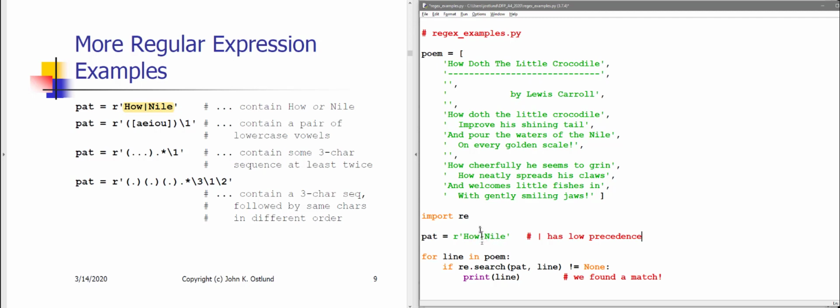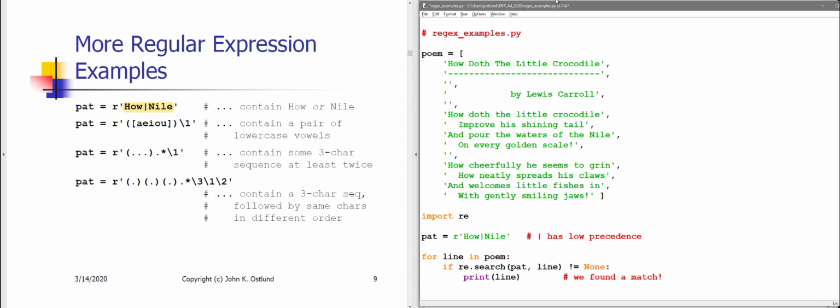If the vertical bar had high precedence, then by implication, what that would mean is that we're looking for capital H, little o, followed by either a little w or a capital N, followed by ILE. All right, but the vertical bar does not have high precedence. It has low precedence, and consequently, what we mean here is that we're looking for how or Nile.